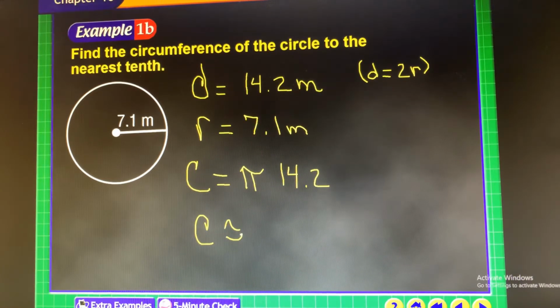Rounded to the nearest tenth again, 44 6/10 of a meter. It's just a formula for you to remember. Pi d, pi d. Circumference equals pi d, A, B, C, D. It's a good way for you to remember it.